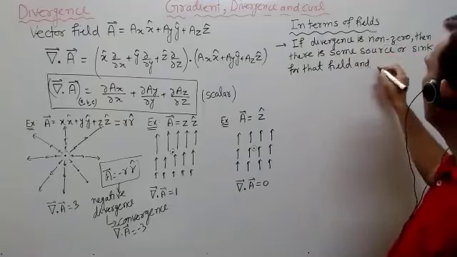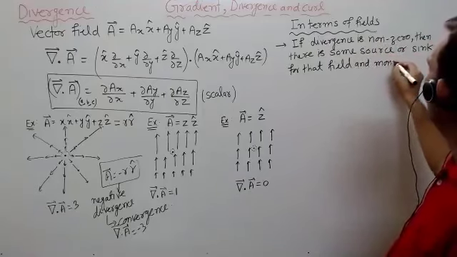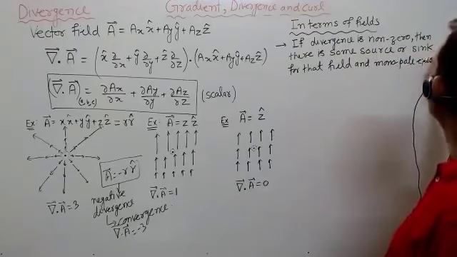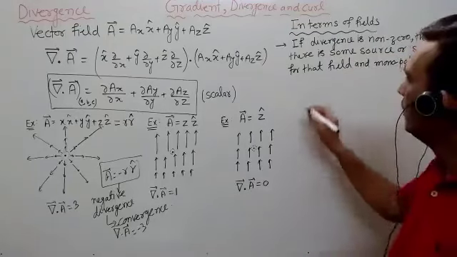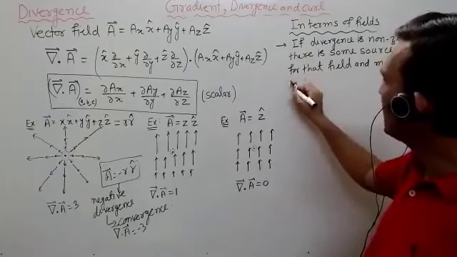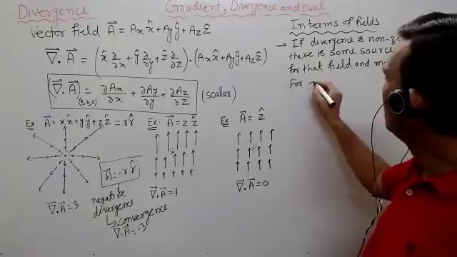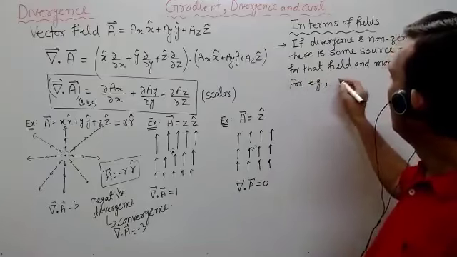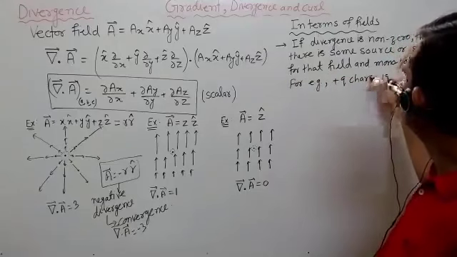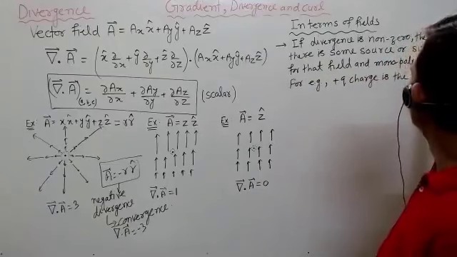And we can also show that a monopole exists. For monopole existence, for example, plus Q charge is the source of the field.